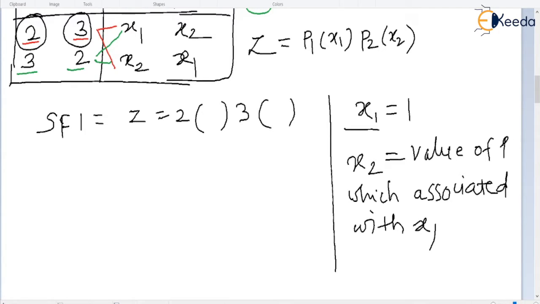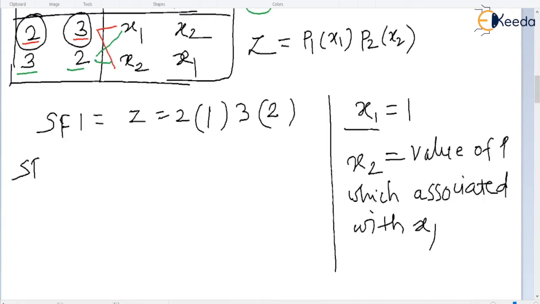As we have already written that X1 should be 1, and for X2 it should be the value associated with X1, that is 2 here. So the first structural formula we have got is 2 in bracket 1 and 3 in bracket 2.